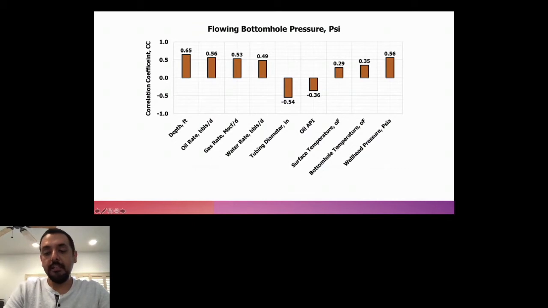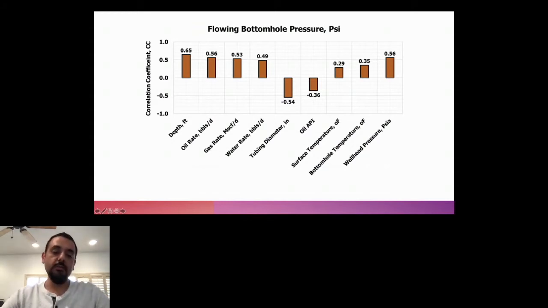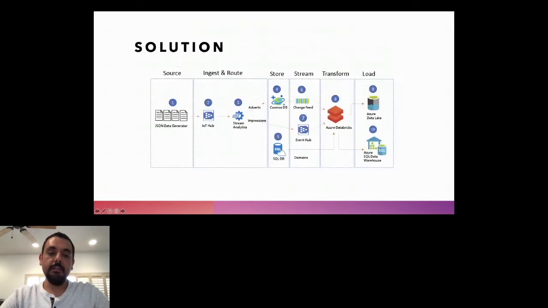So mean and standard deviations, although they are the quickest, did not fulfill this study at all. That was one of the things. But in order to achieve this machine learning aspect, we have a solution for this problem.